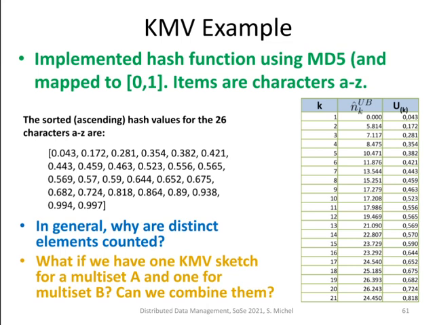Here's a little example for KMV. What I did here was simply to look at the characters A to Z. There are 26 characters, and here we have the sorted hash values of these 26 characters using MD5 hashing and then mapping to 0, 1 in ascending order, so the smallest one first. Now we can vary k by looking at the smallest one or the first two smallest ones and so on.